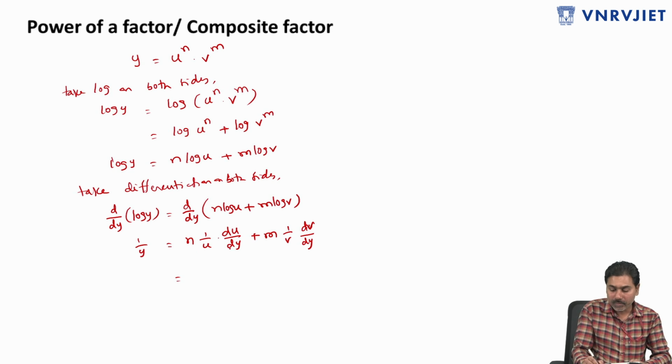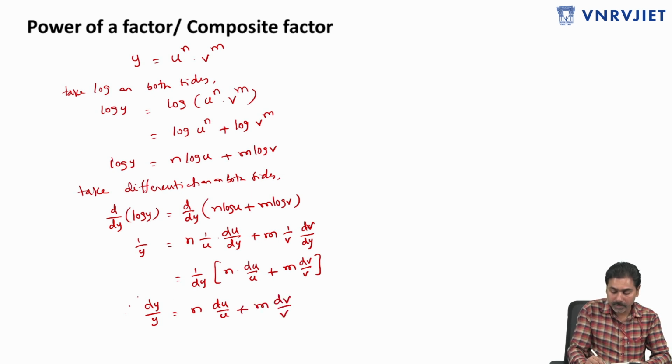Now we'll take common 1 by dy from the RHS. So it is 1 by dy into n into du by u plus m into dv by v. This dy we will take to the left hand side. Therefore, dy by y is equal to n into du by u plus m into dv by v.